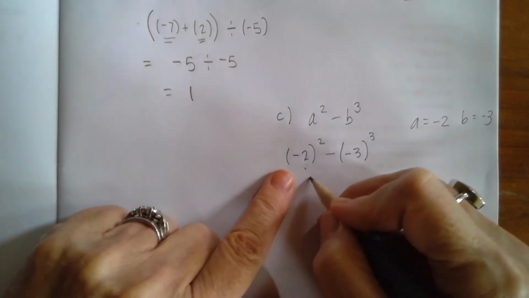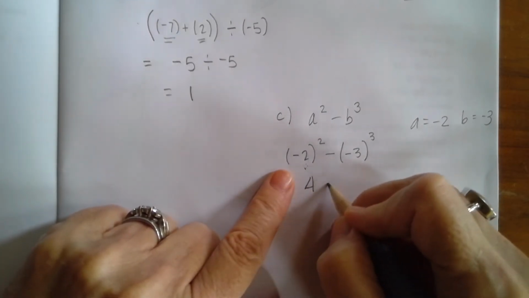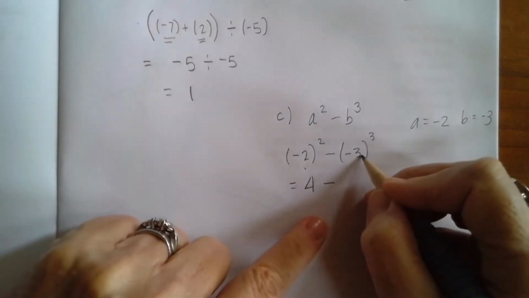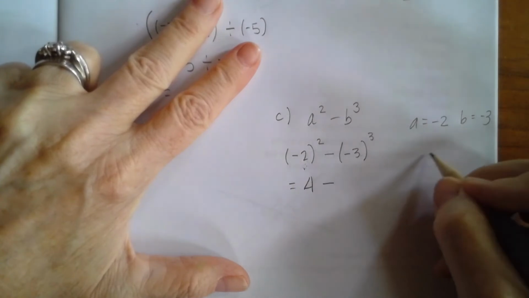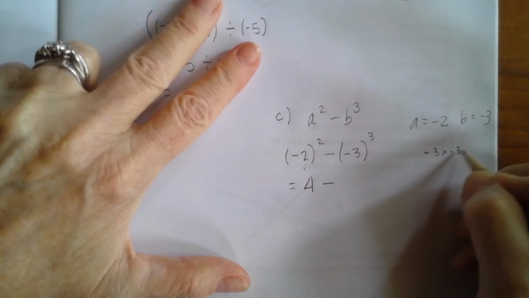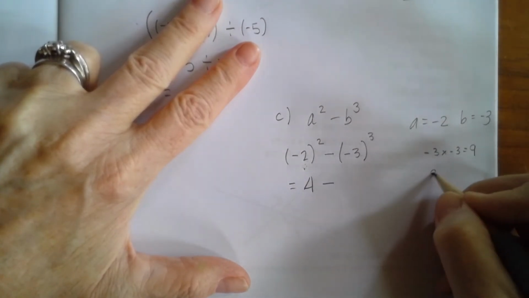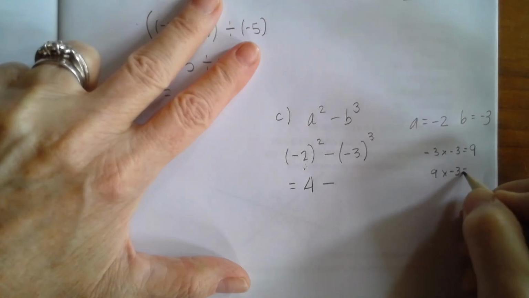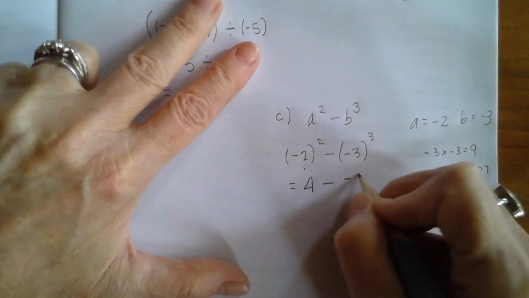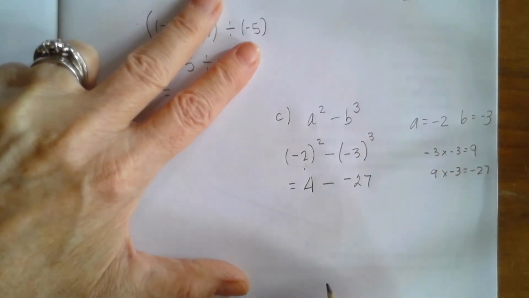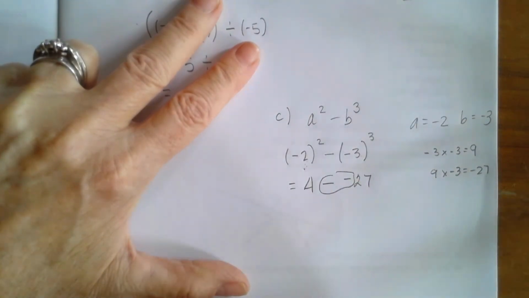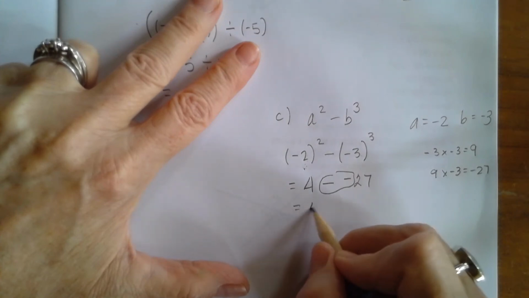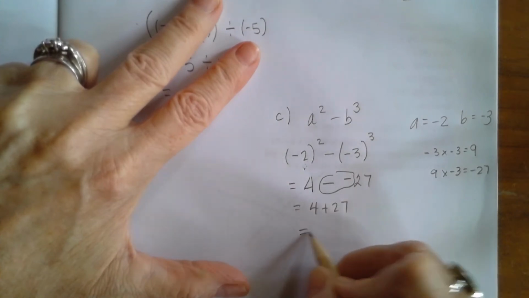Negative 2 times negative 2 is positive 4. That minus sign comes down, and now I have negative 3 times negative 3 times negative 3. Well, negative 3 times negative 3 is positive 9, and 9 times negative 3 is negative 27. So that's negative 27. Here's my situation again. I've got to change that to a plus, so I have 4 plus 27, or 31.